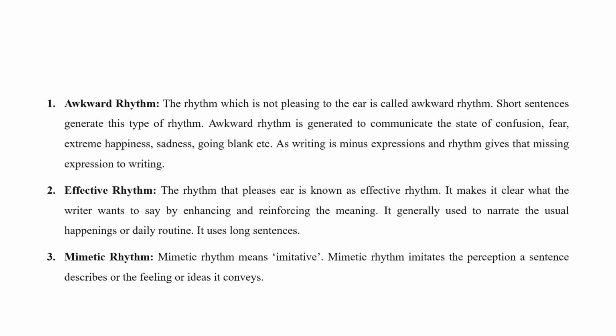Short sentences generate this rhythm. Awkward rhythm is generated to communicate state of confusion, fear, extreme happiness, sadness, going blank, etc. As writing is minus expressions, rhythm gives that missing expression to writing.